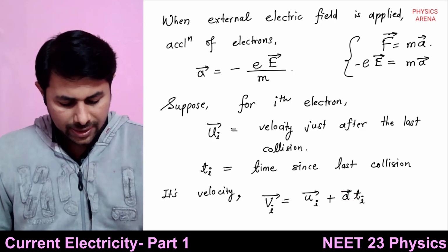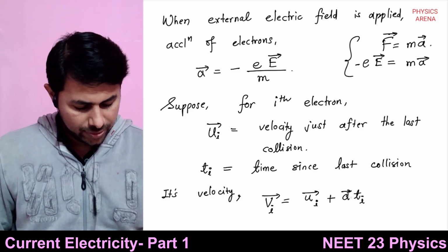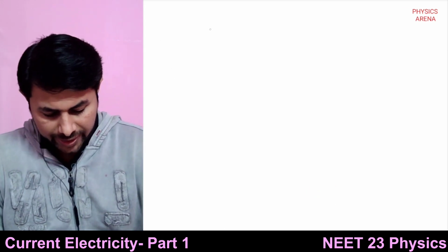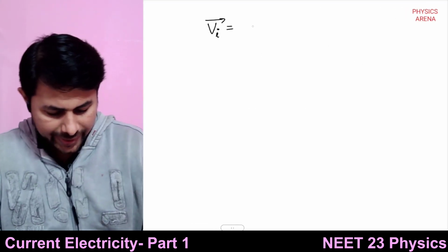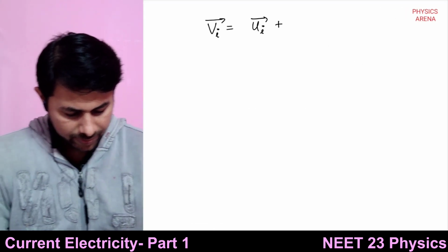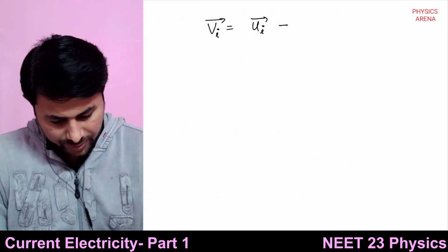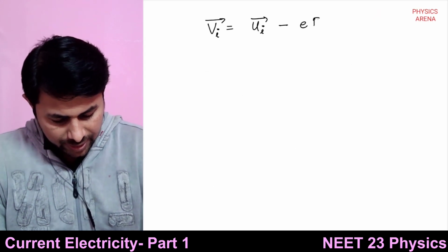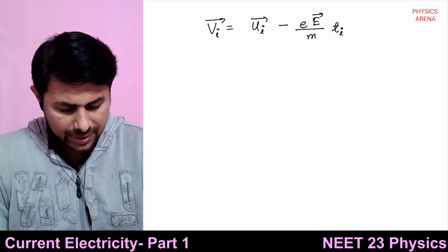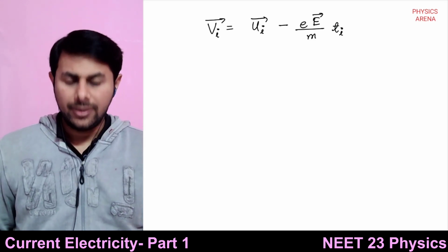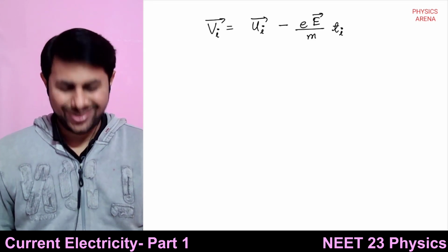So a bar is equal to minus e times capital E bar divided by m. So let's put that here. So what do we get? Vi bar is equal to ui bar plus, actually it will be minus, e times E bar upon m multiplied by ti. So this is for one electron number i.